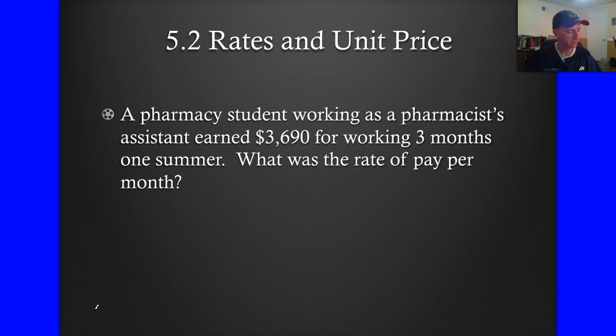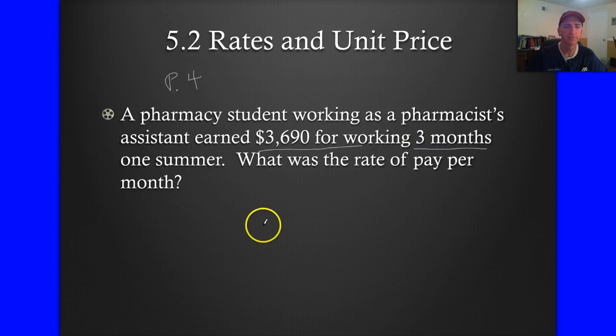Okay. Well, here is a problem of a pharmacy student. The pharmacy student earns $3,690 for 3 months. We're at the bottom of page 4 on your notes here, by the way, if you're not sure. Okay, so that's a rate.